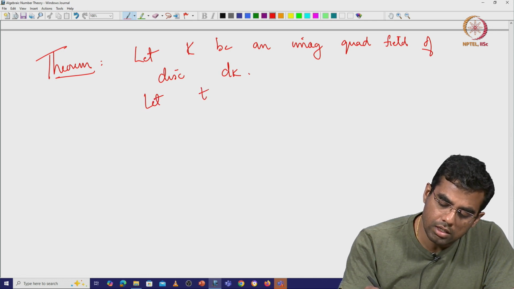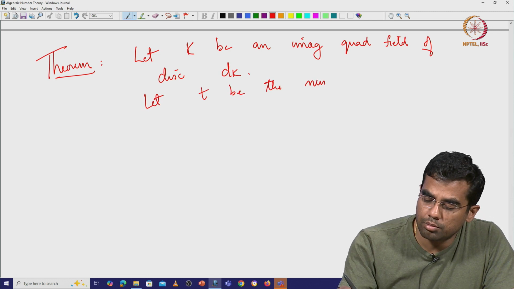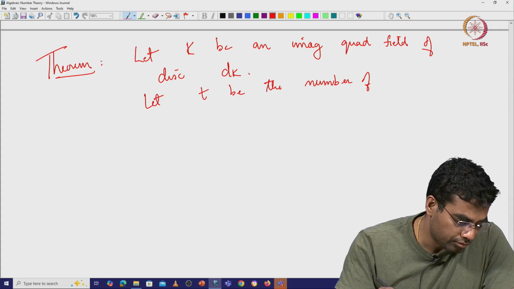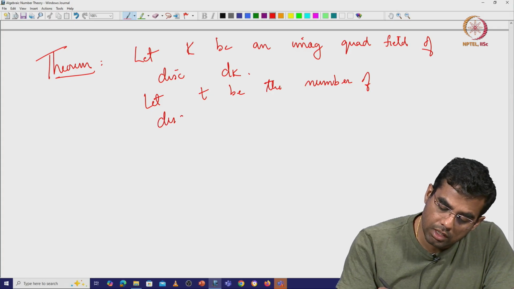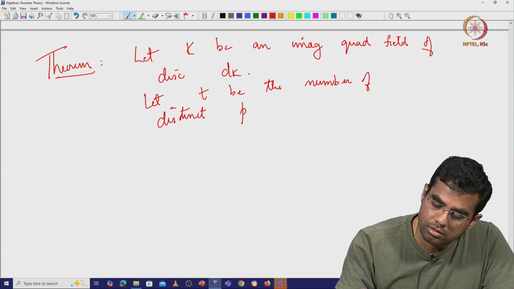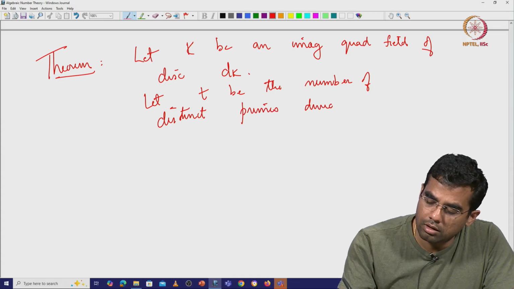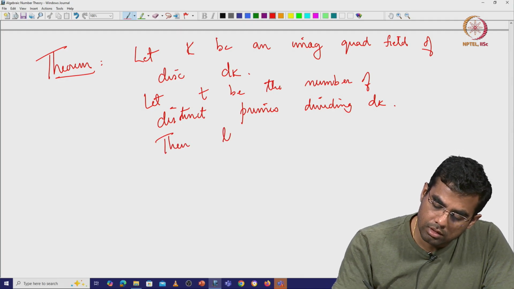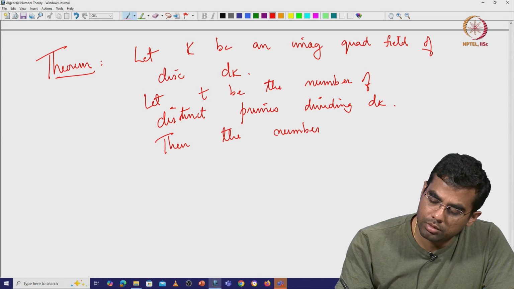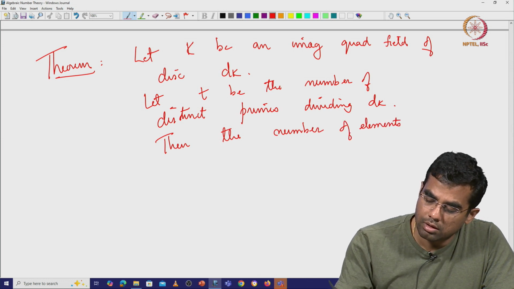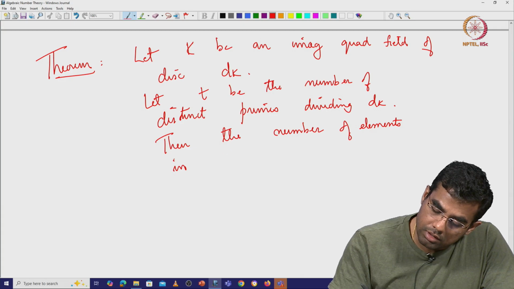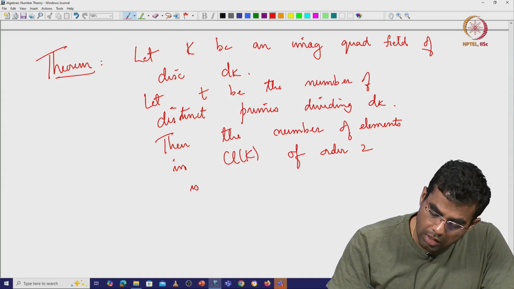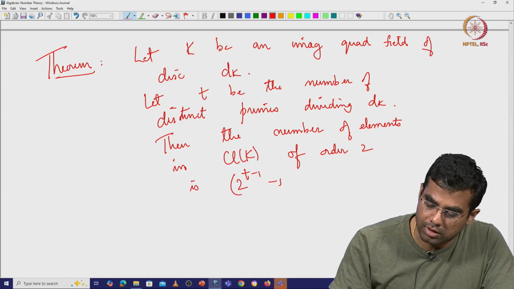Let t be the number of distinct primes dividing dK, then the number of elements in Cl(K) of exact order 2 is 2 to the t minus 1, minus 1.